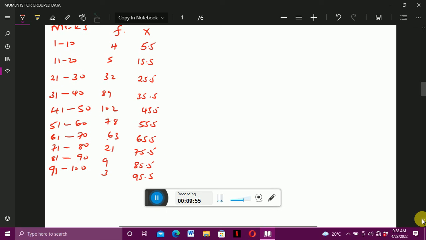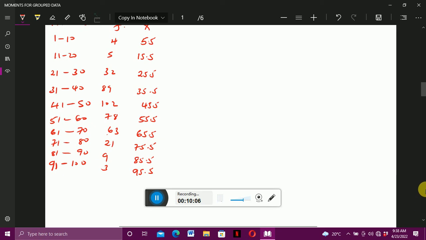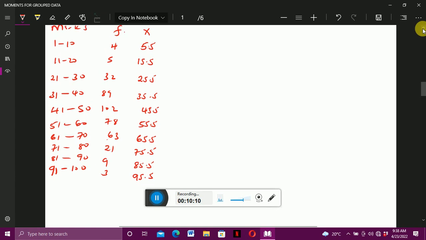As we said, we usually use moments about a point to help us get more easily the moments about the mean. So we are going to identify one of the xi's, 45.5, as our assumed mean, so that here we get the deviation of every x from 45.5.